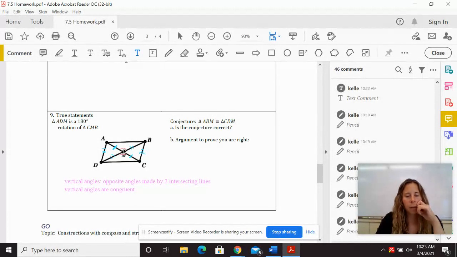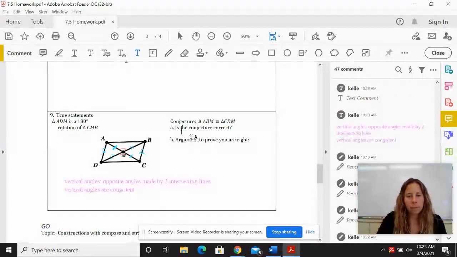So this angle is congruent to this angle, and we don't need to know this, but these are also vertical angles, this guy and this guy, so those would also be congruent. Anyway, so now we know side, angle, side.